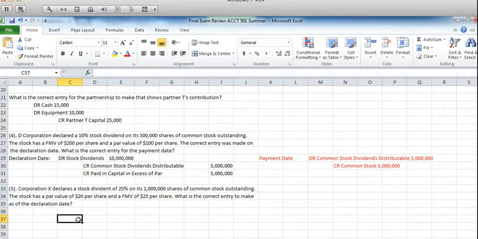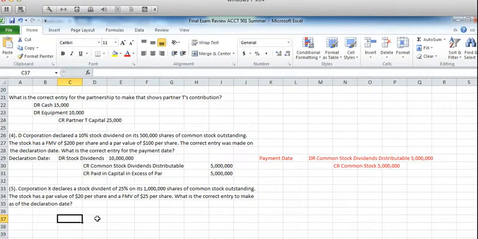Okay, so the next question is going to show us the entry when a stock dividend is declared. The question: Corporation X declares a stock dividend of 25% on its million shares of common stock outstanding.